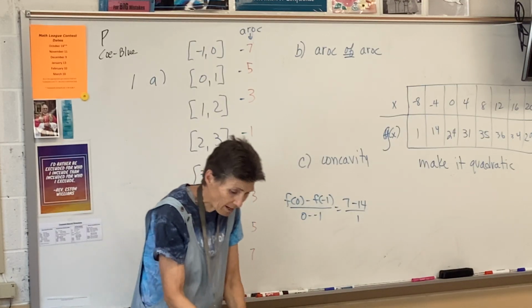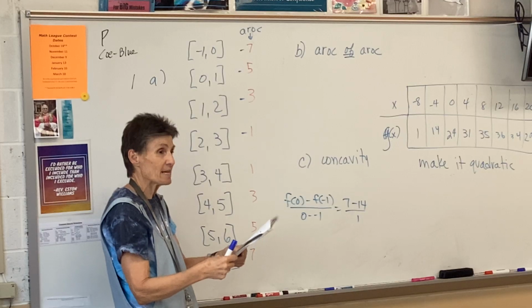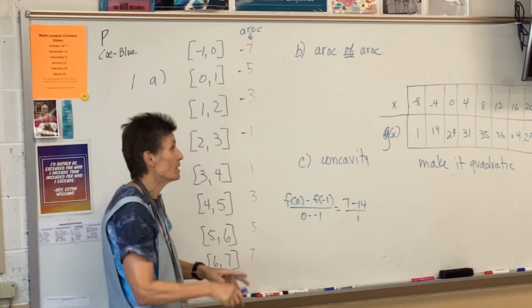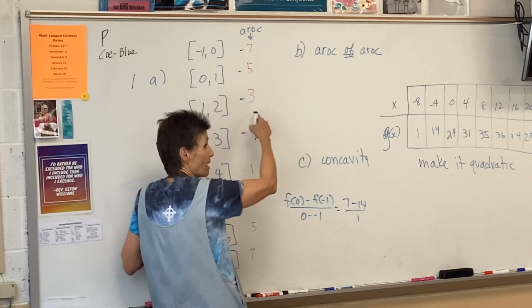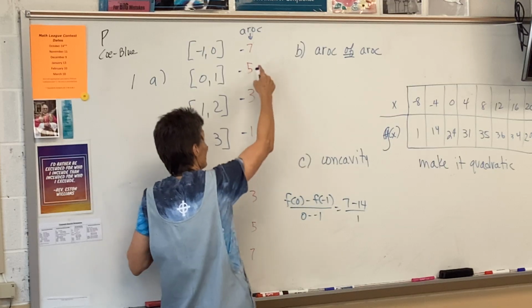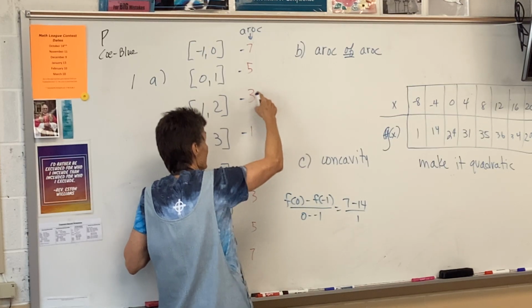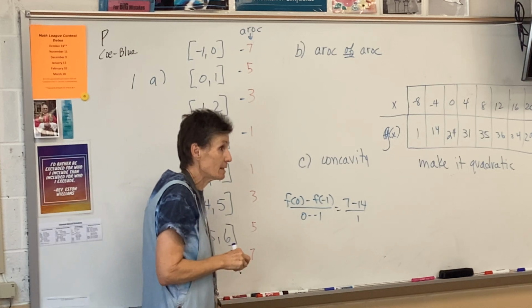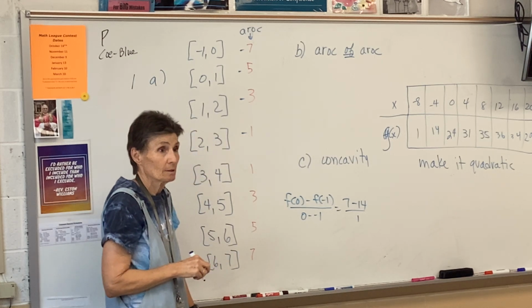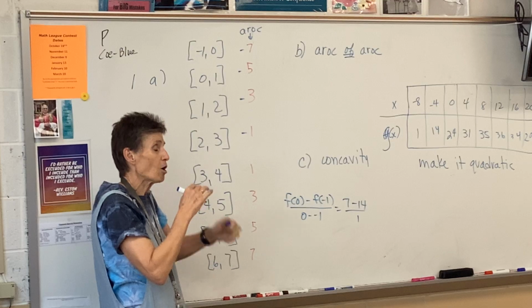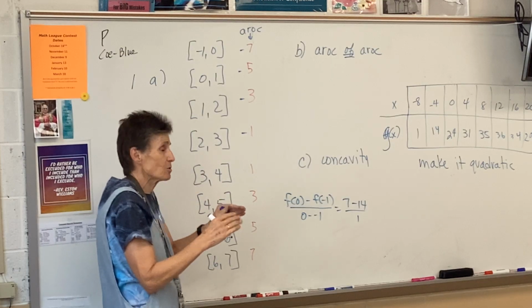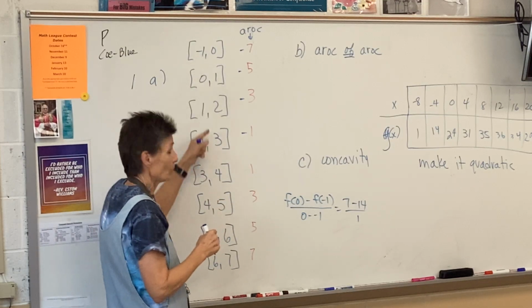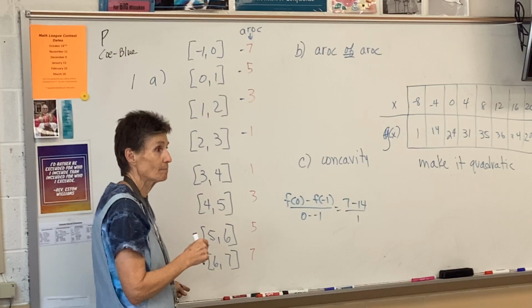So, find the rate of change of the average rates of change. Now we're taking these numbers and finding the rate of change. What's happening here? They're going up by 2. This is what I was talking about at the very end of the period yesterday. See how all these intervals are exactly the same size?